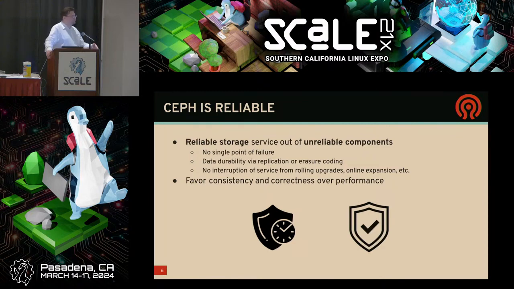So you could lose 2 drives, 2 hosts, 2 racks if you're looking at that scale, because we have 3 copies of the data in play when we do replication, or the erasure coding scheme in the EC scenarios. Upgrades and other scenarios of operational maintenance like that are also carried out without interrupting service.